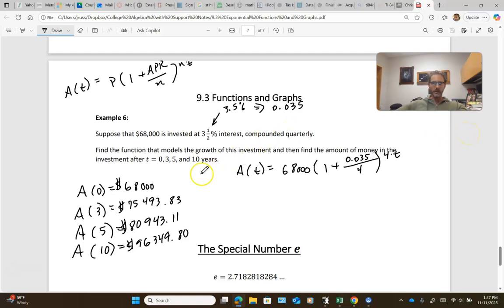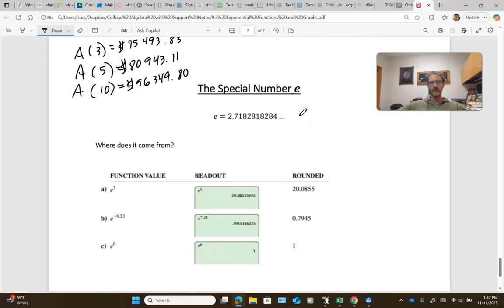All right, well, this example, I think, captures the sequence or the reasoning that you're going to need to do these homework problems. Last thing I want to mention here, guys, is this special number e. So, first of all, what is it? Well, it's an irrational number, so it's similar to the number pi, okay?